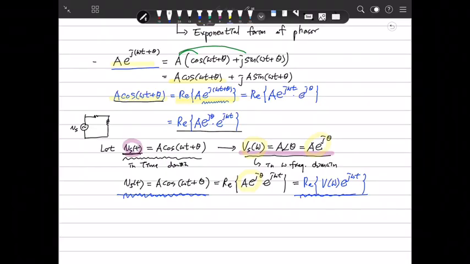Later we will learn about Laplace or Fourier, and then you will be very familiar with this kind of expression. This is a way to transform time domain variables to frequency domain variables, or frequency domain variables to time domain variables. You can use this form.